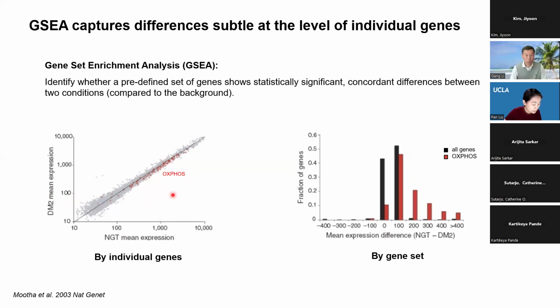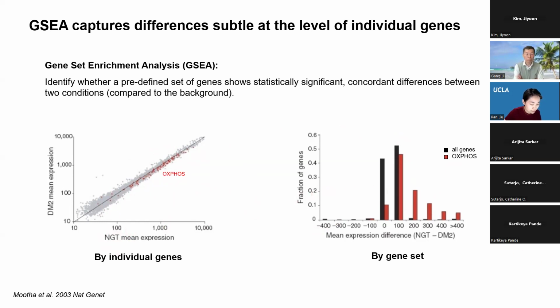If we look at them from an individual gene perspective, actually there seems like there's not much difference because all of these red points line up pretty close to this solid black line. But actually, almost all of them are slightly enriched towards this NGT.